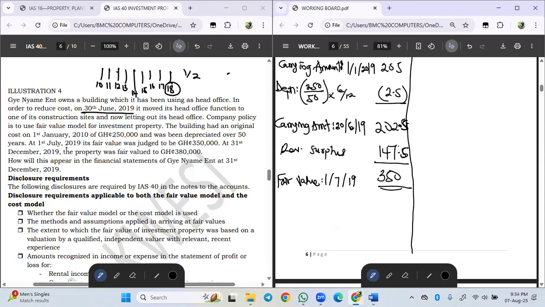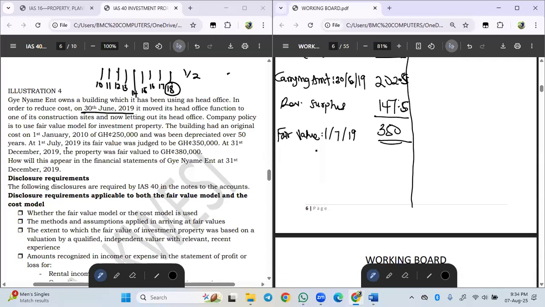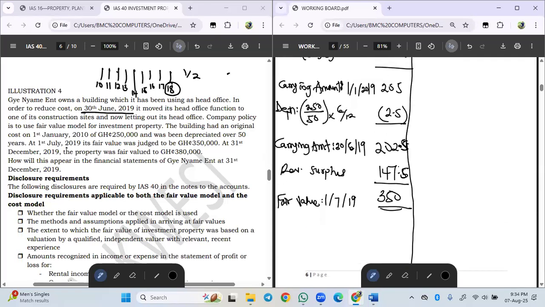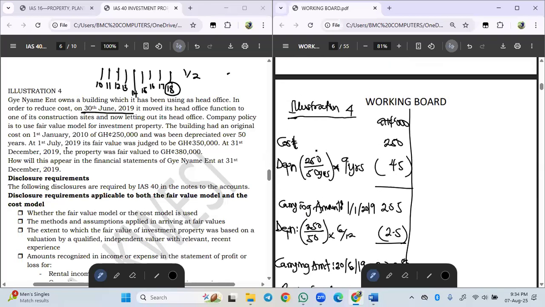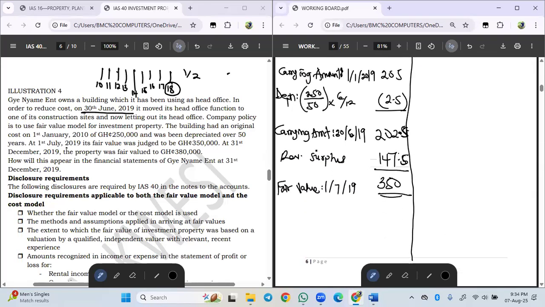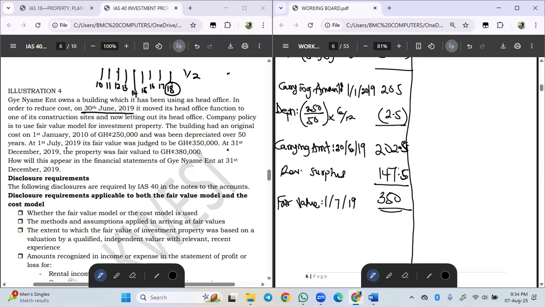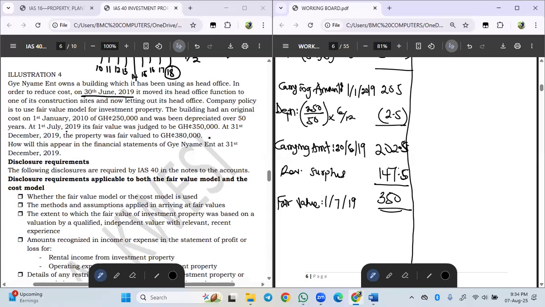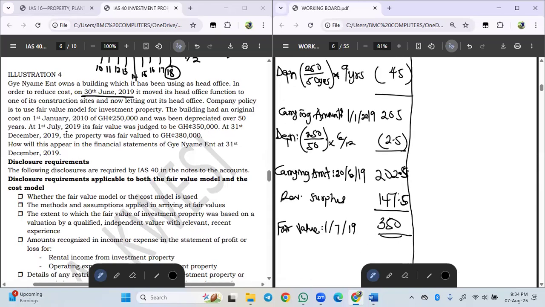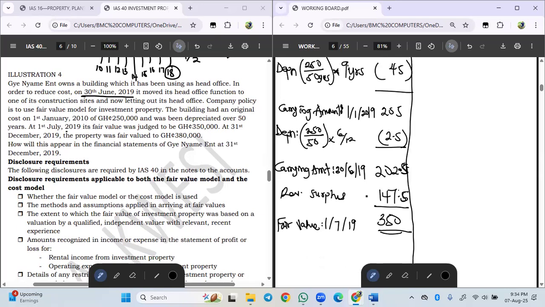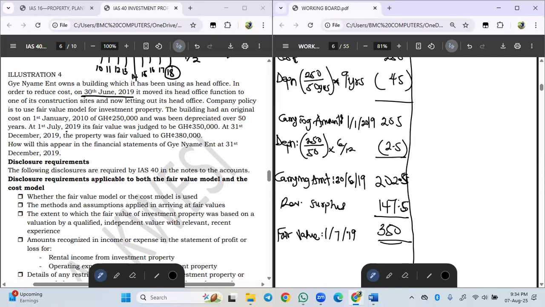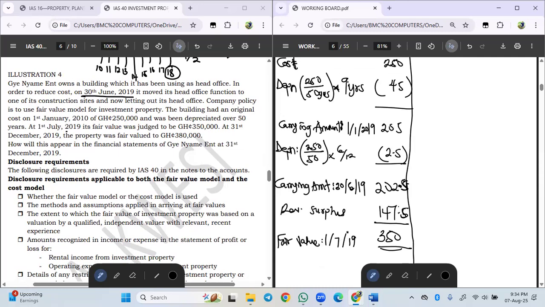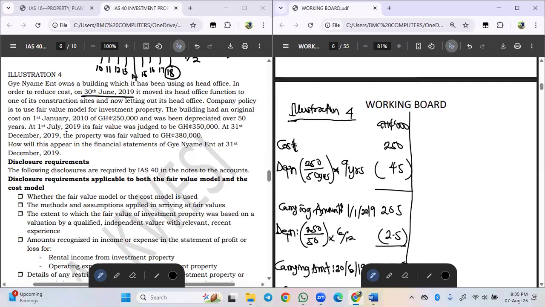Now let's go to the real fair value adjustments. Let me start from here. At 31st December 2019, the property was fair valued at 380. So the PPE ended on 30th June 2019 or 1st July 2019, and the ending point of PPE becomes the starting point of investment property.